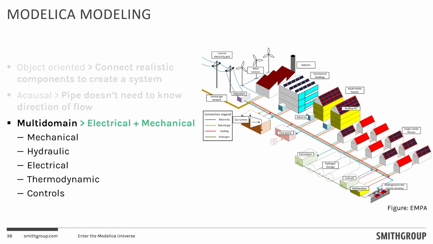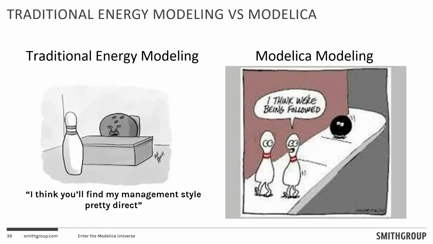You could have it going one way or another way and solve based off that, which is important in ambient loop designs. It's multi-domain, so you don't have to set it up just for mechanical simulation or just hydraulic simulation. Some tools are specialized in one thing. You can look at mechanical plus electrical plus controls. This diagram shows hydrogen, other types of networks. If you're layering them on each other, there's a lot of flexibility there.